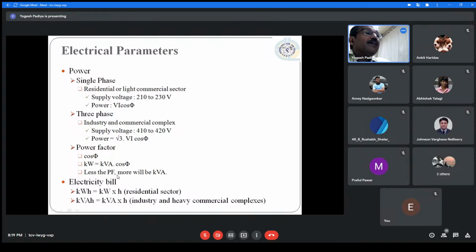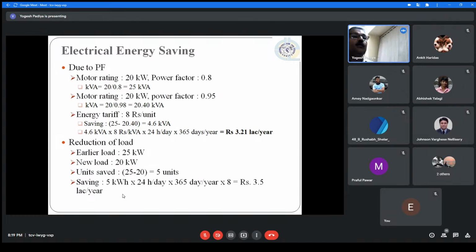The less the power factor, the more will be kVA. So earlier the electricity bill was in kW, now it is in kVA. It is for industrial and heavy commercial, but for residential, why is it still kWh? Everybody knows that the vote bank is weak, so government can't put a restriction on us normal voters.